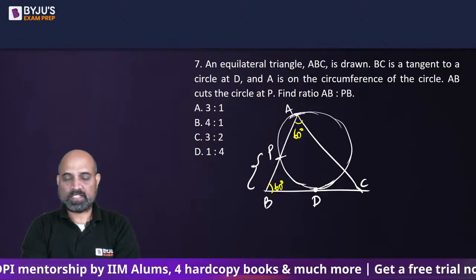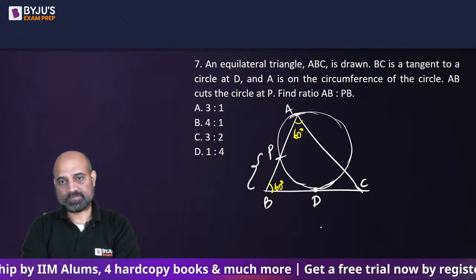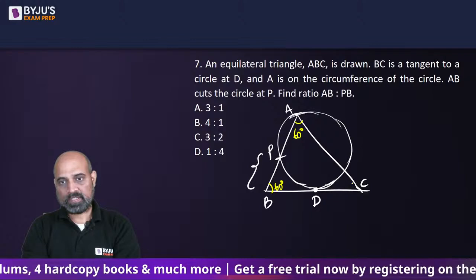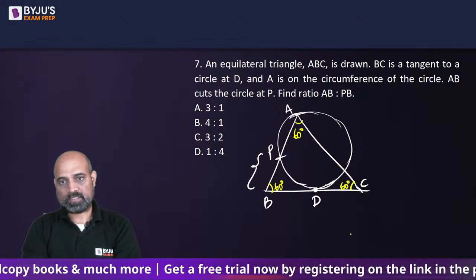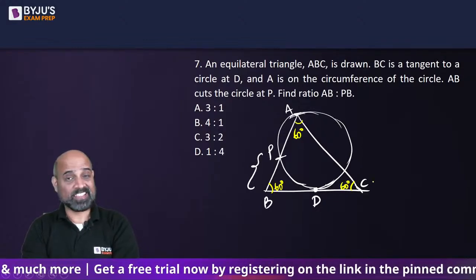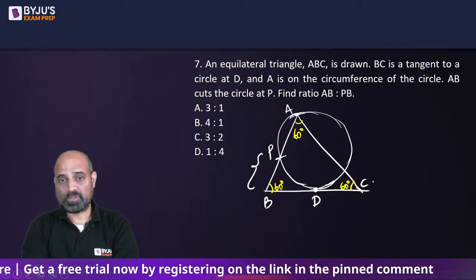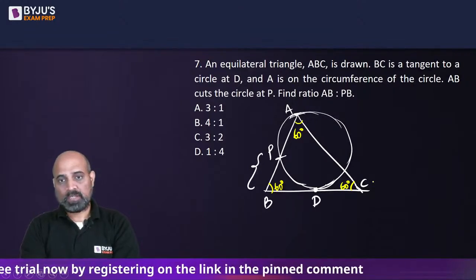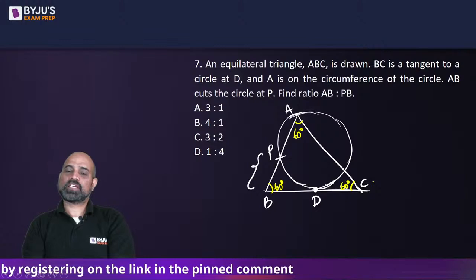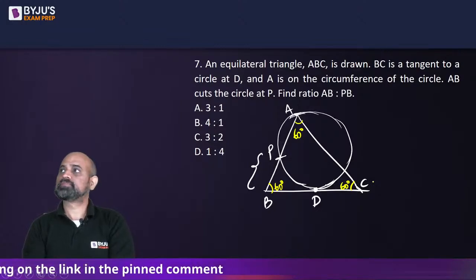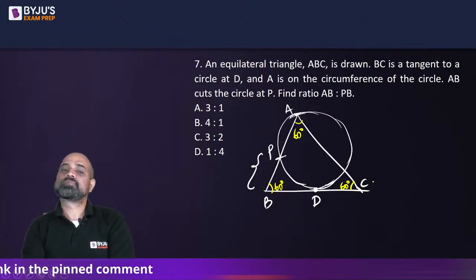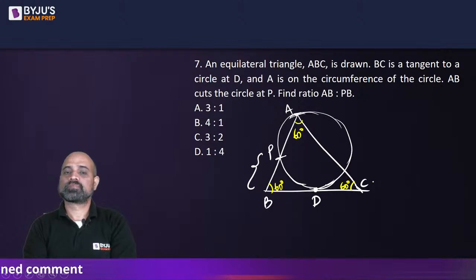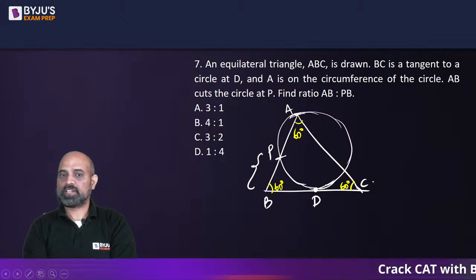So this is 60 degrees, this is 60 degrees. This one is 60 degrees. They all are equal. Is D the midpoint? Don't know. But will D have a unique place? We need to find out AB and PB.